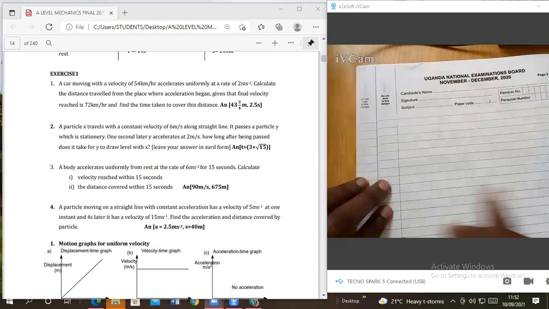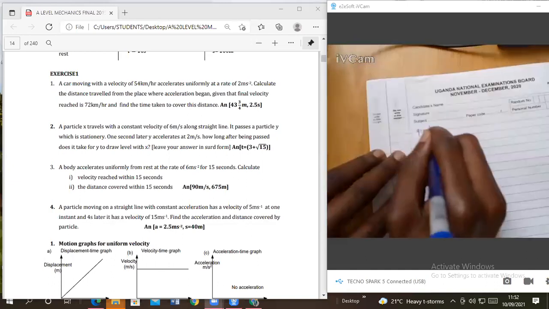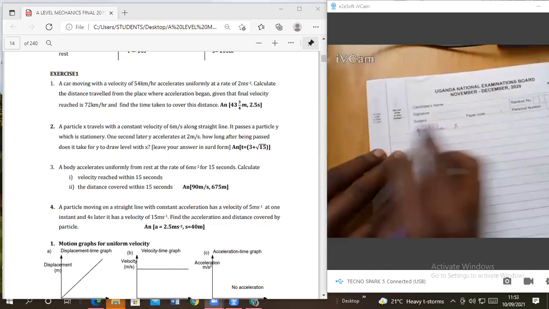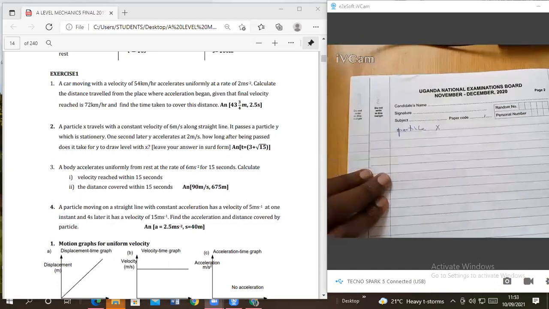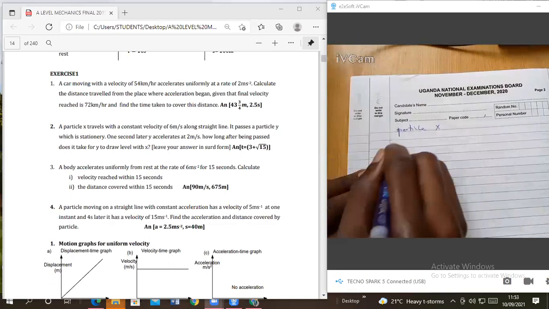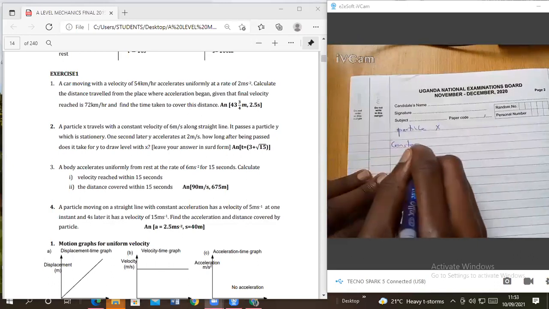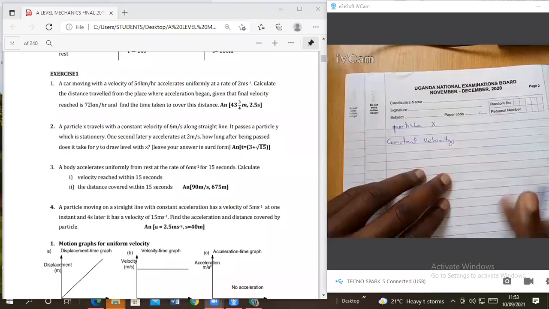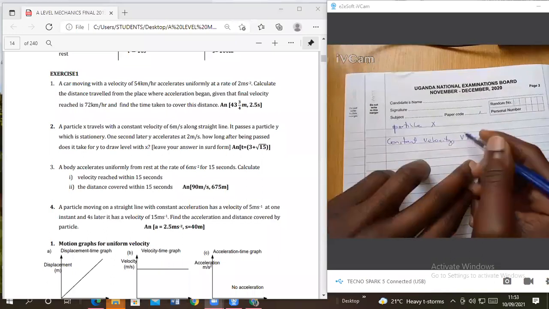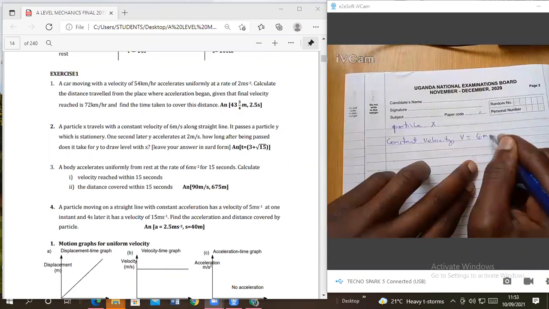So let's look at the particles. We have 2 particles there. We have particle X. Particle X, they're saying, is moving with a constant velocity V, which was given to be 6 meters per second.